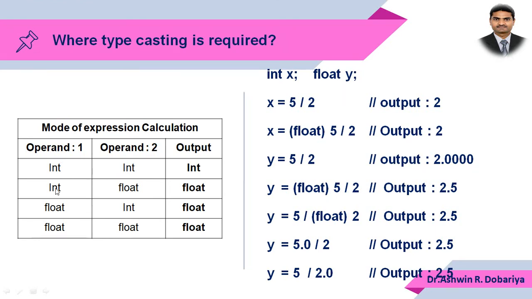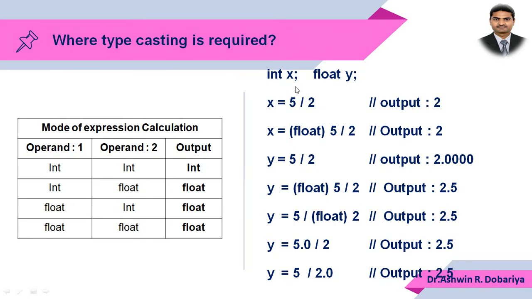If the first operand is integer, second is float, then output will be float. If the first operand is float, second is integer, then it is float. And if both are float, then float. So overall, if one of the operands is float, output will be float. But if both the operands or variables are integer, then output will be integer. These rules we have to remember in terms of programming or in a compiler.